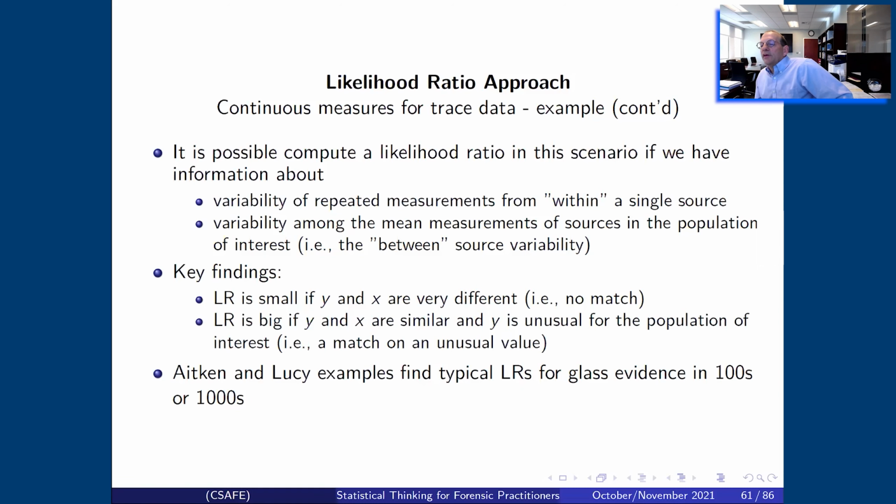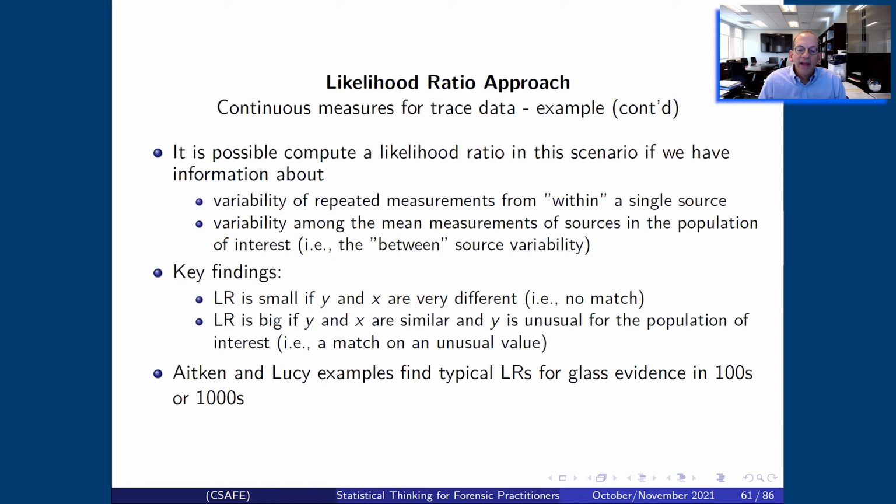And this has been done. There are papers written about glass evidence. And the key finding is basically you get a small likelihood ratio if Y and X are different. They're distinguishable, as we would expect. We get a big likelihood ratio if Y and X are similar, but they're similar on an unusual value.